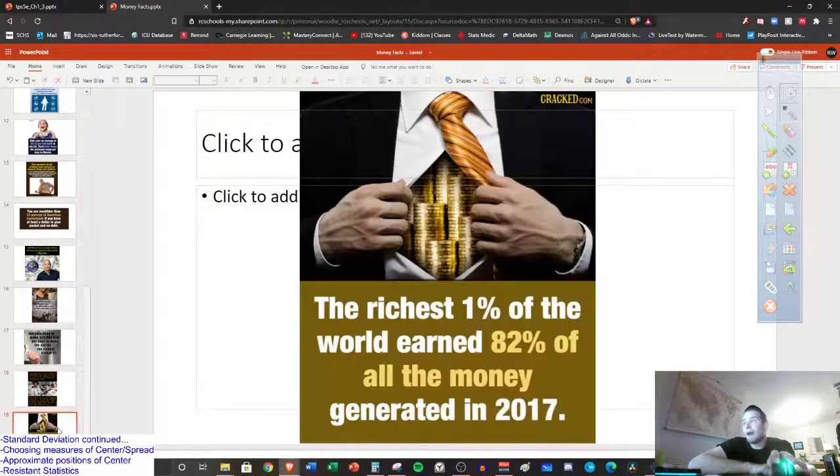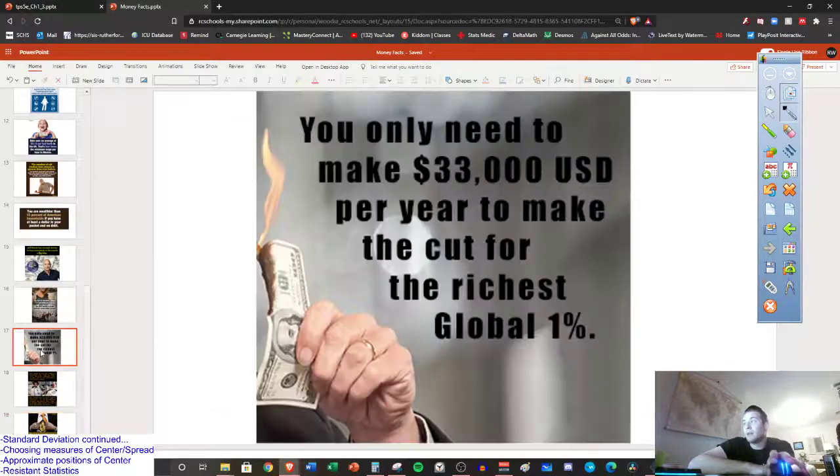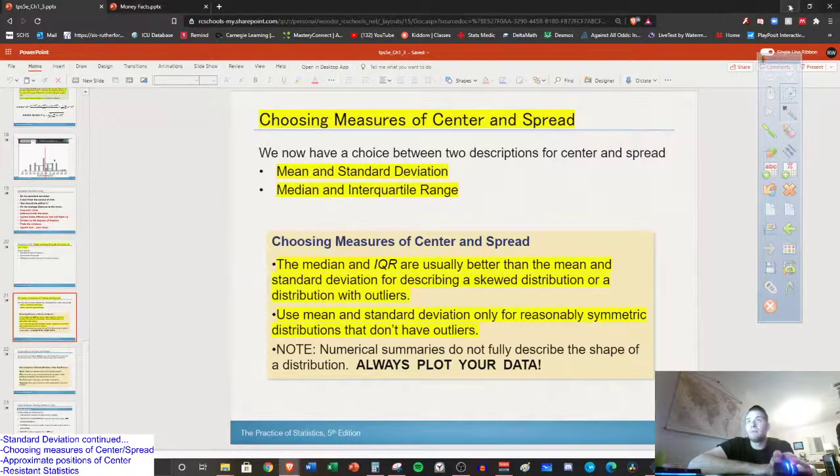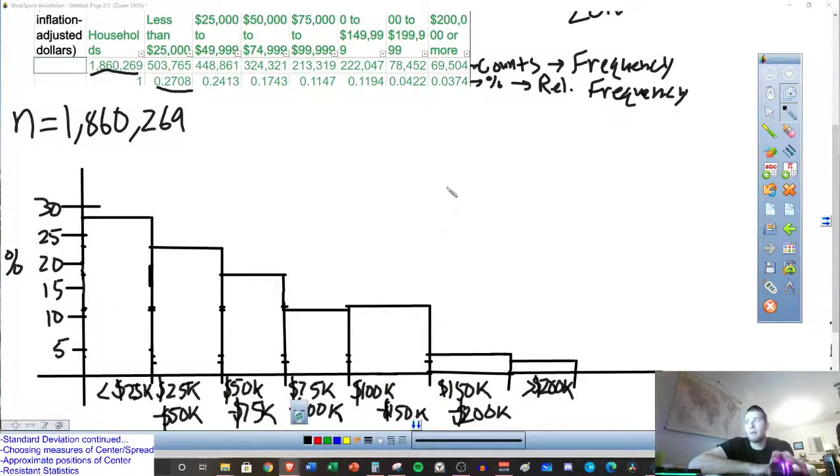I am probably in this group, especially me and my wife combined, who make more than what this is saying here. So it puts a lot of perspective on how fortunate a lot of us are. And especially, we have our parents who have good jobs. Not everybody's that way, but there's a lot of areas that are not as blessed as we are for how much money we have.